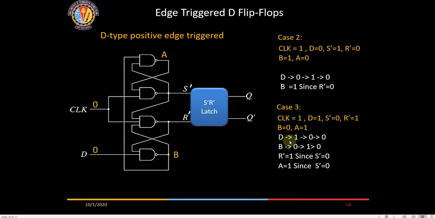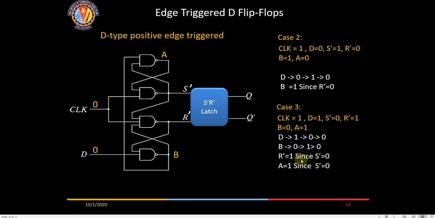Now in this condition if D is changing from 1 to 0, 0 to 1, B will make a change every time. But B will make a change, but then A will not make a change because A will continue to remain 1 because there is a 0 available here.